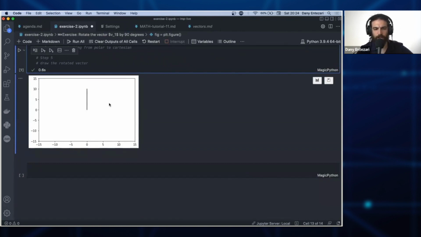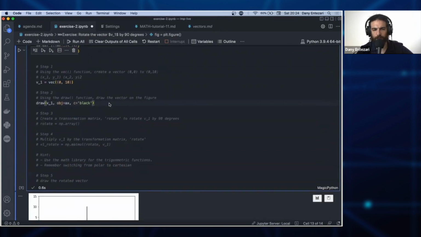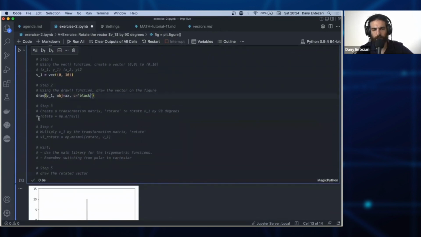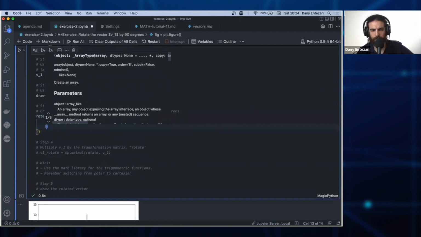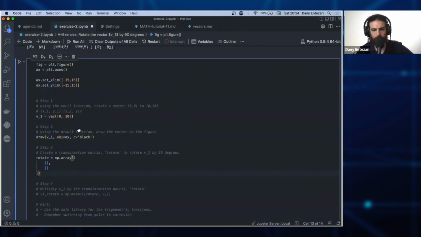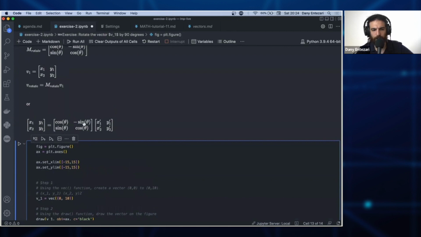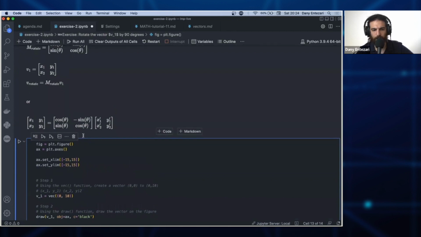45 degrees. So I'm going to create my rotation matrix, uncomment that line of code. And if we look at the reference up there, it says that we need to have cosine and sine and cosine.